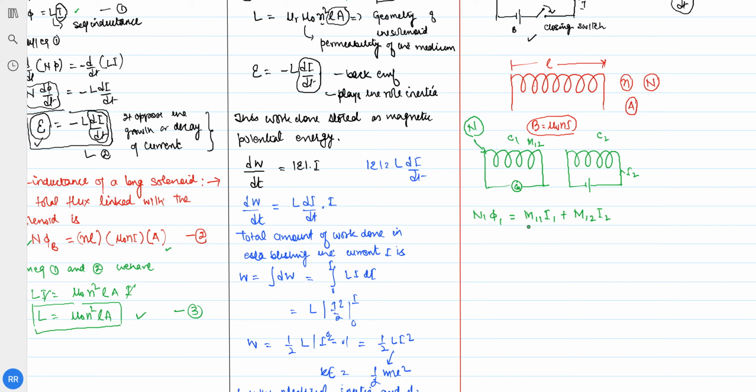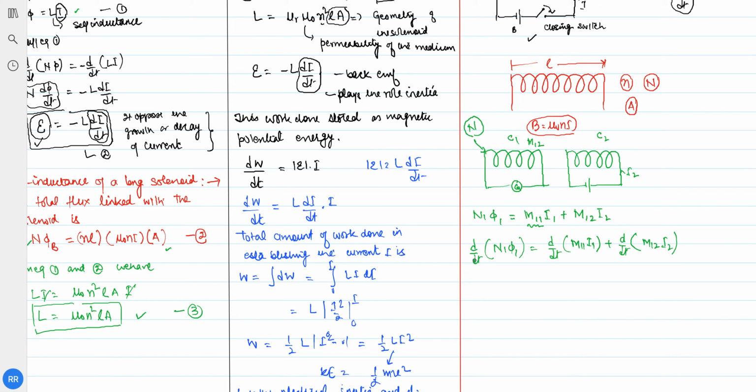So M11 represents the inductance due to the same coil. Okay, so by using Faraday's law, take the derivative. d/dt of N1 phi1 is equal to d/dt of M11 I1 plus d/dt of M12 I2.